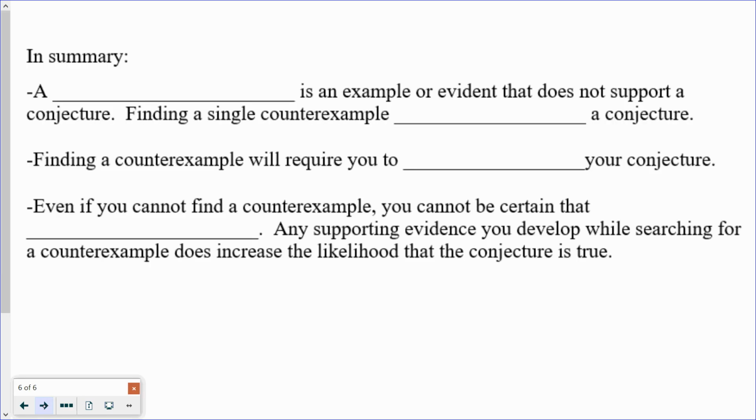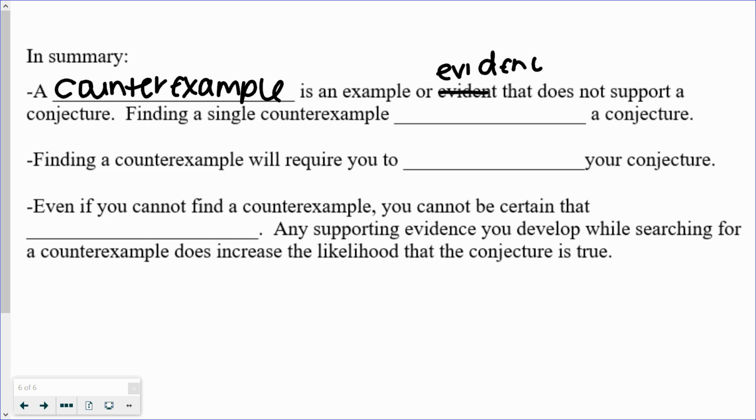So just a little summary. A counterexample is an example or evidence that does not support a conjecture. Sorry, I don't know why the word evident is there.